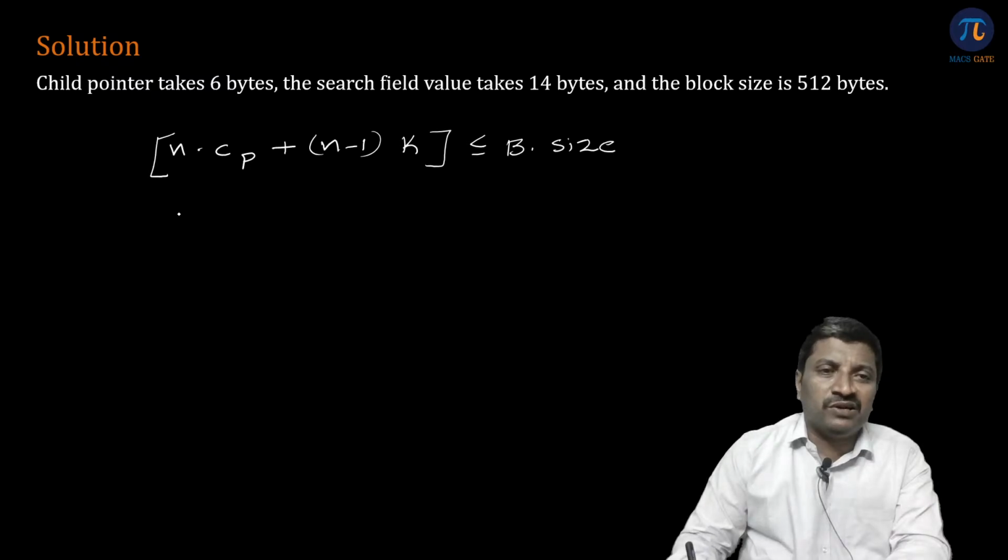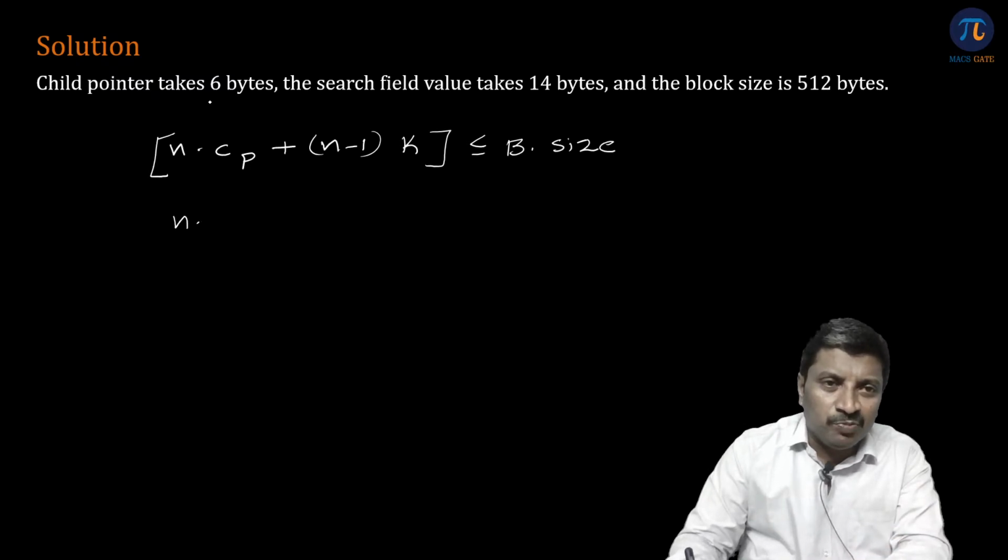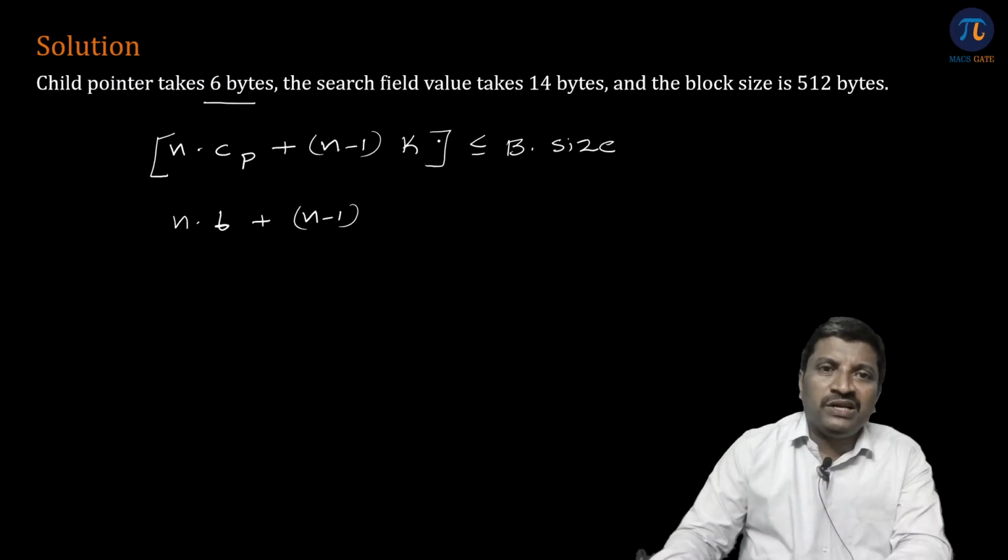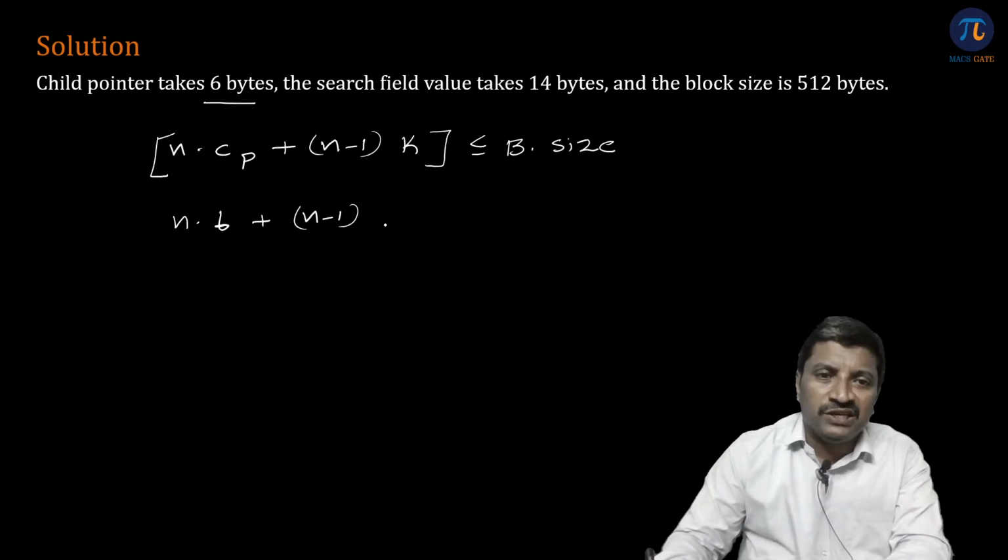We don't know the value of n. What is the child pointer size? 6 bytes. n minus 1 into the search field size, that is 14 bytes. This must be less than or equal to 512 bytes.